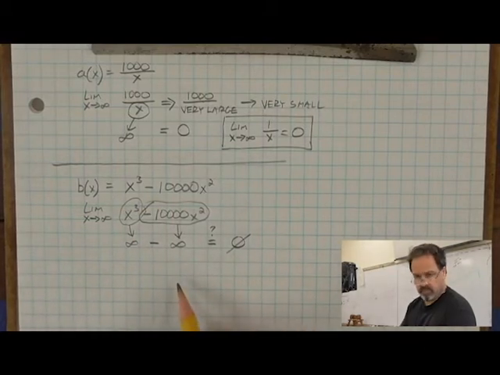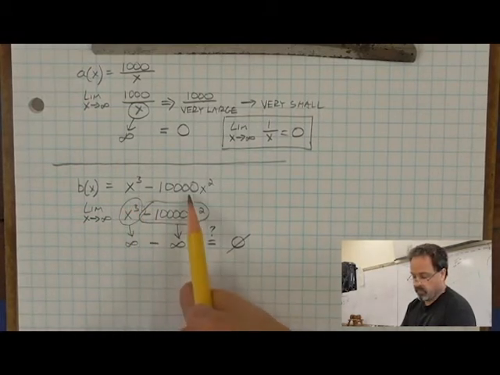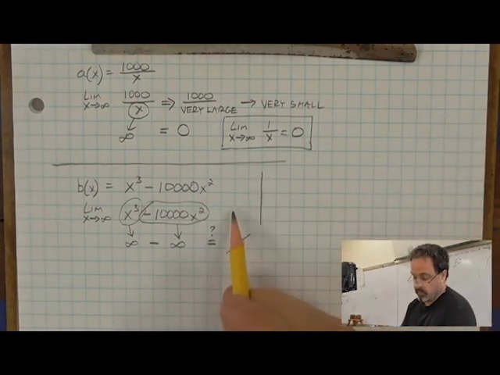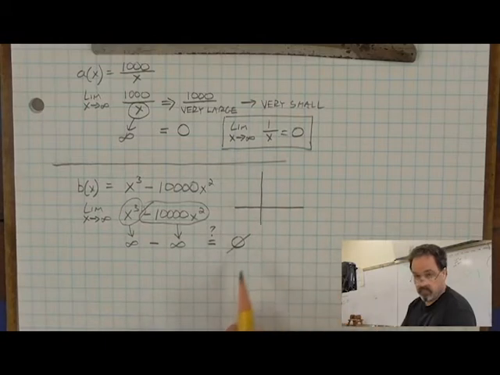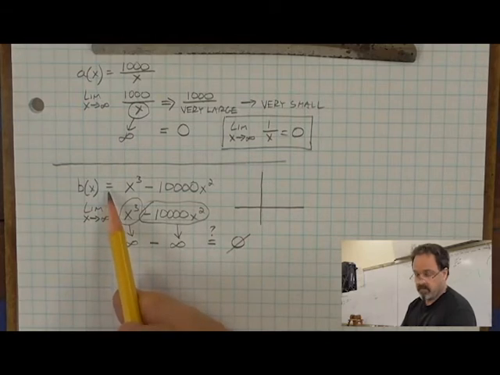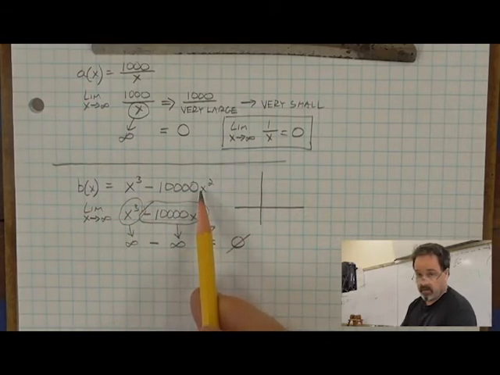So how do we analyze this further? Well, this is a function, and it's very nice to be able to visualize functions in a graph. We're going to sketch a graph of this function b. We would need some technology possibly to help us out.